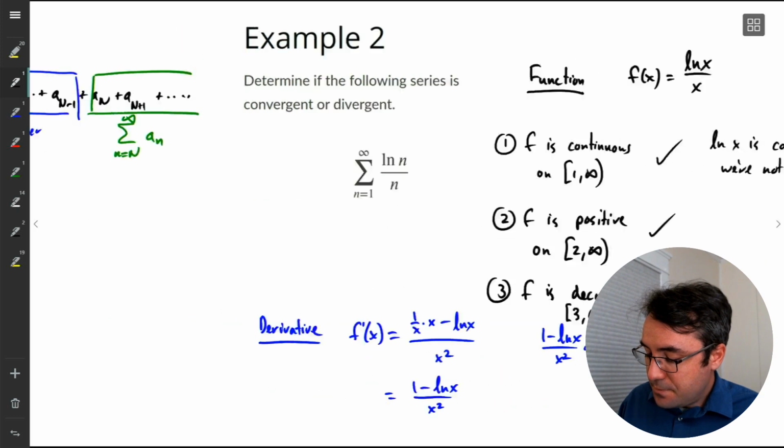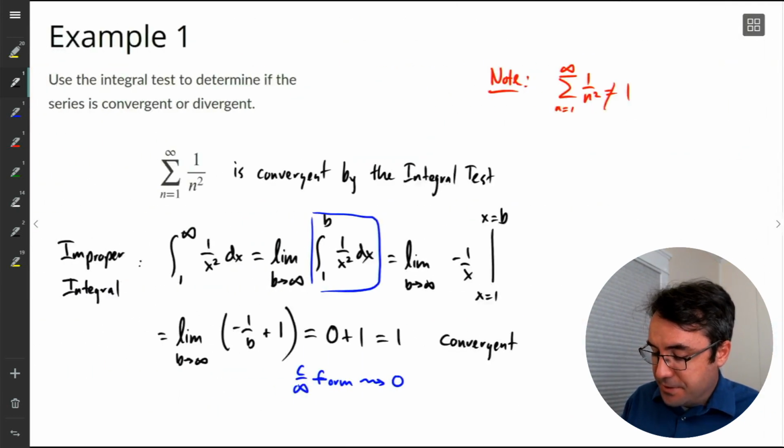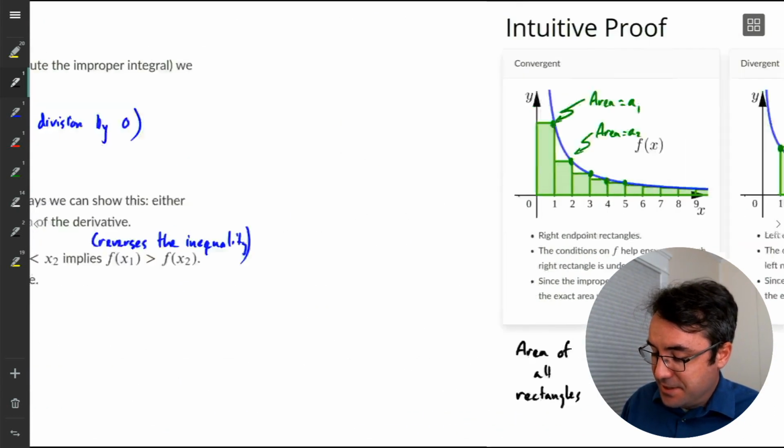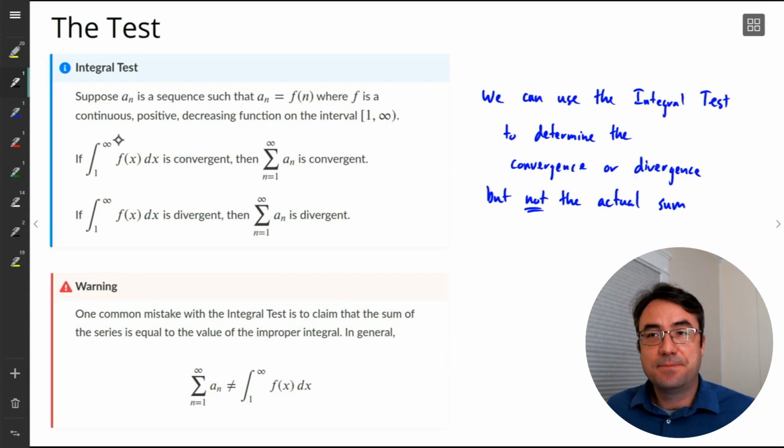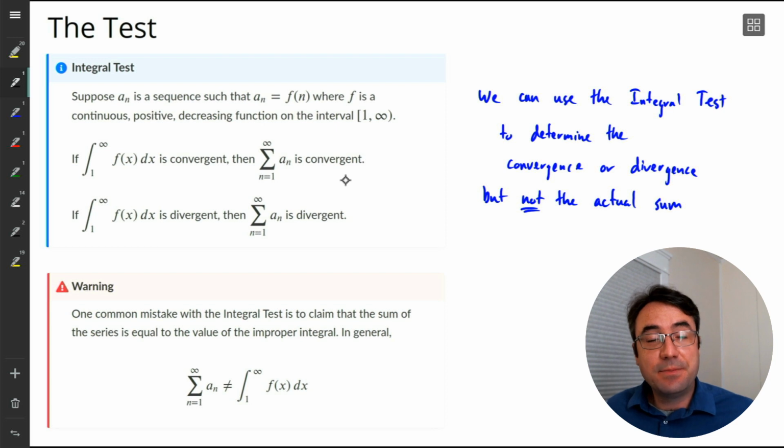So going back to the statement of this test, the integral test, it's nice in that it can be used to show that a series is either convergent or divergent. One of the trickier things with it is there are a lot of conditions to show, and ultimately the function f, we have to be able to integrate it.